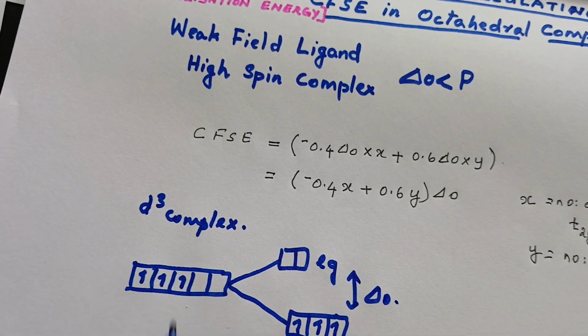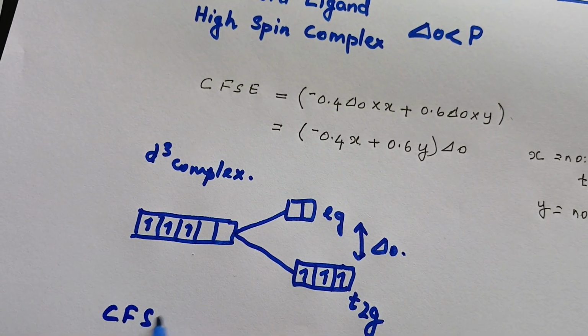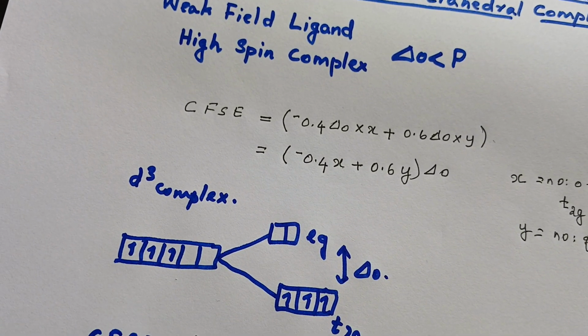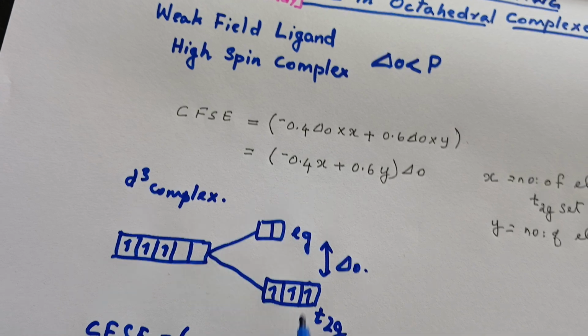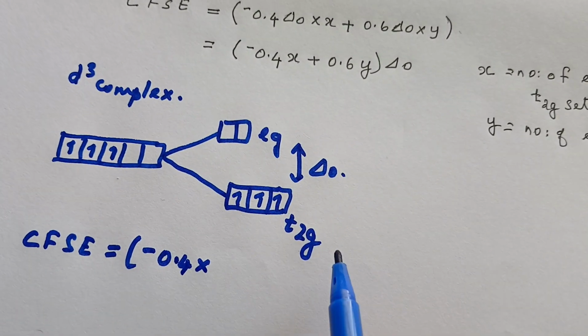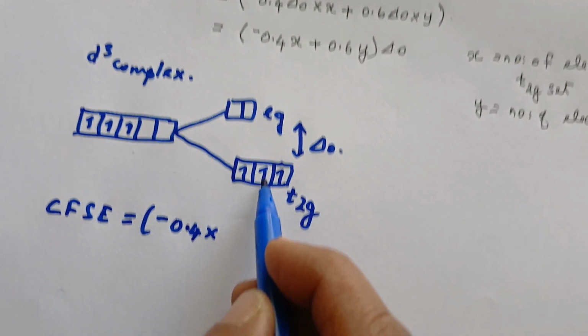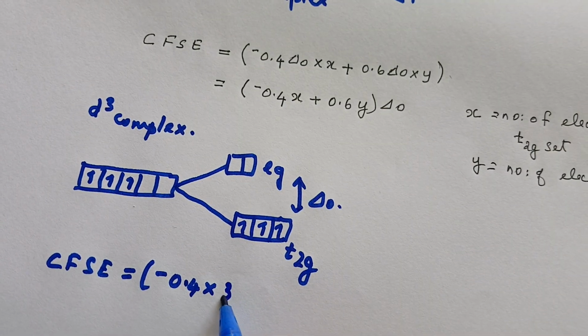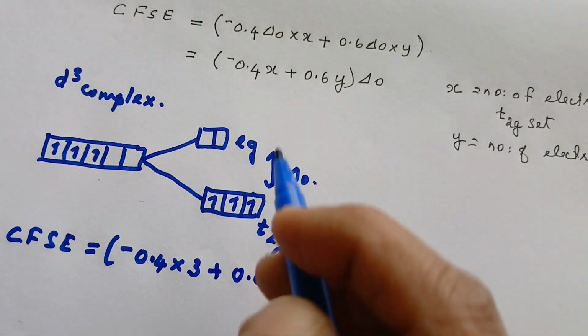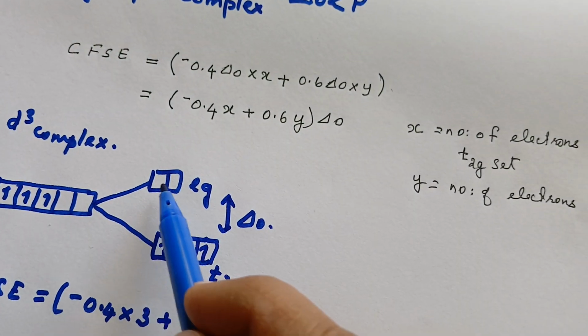Now, according to the formula, CFSE equals minus 0.4 into x. X is the number of electrons in the T2G set. There are 1, 2, 3 electrons. 3 plus 0.6 into the number of electrons in the EG set.